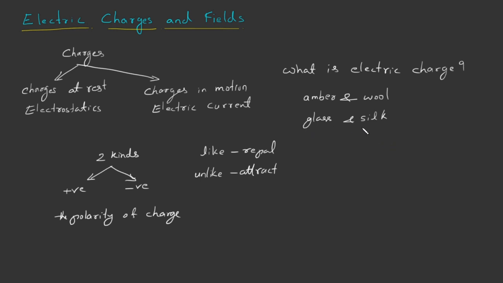When glass is rubbed with silk, conventionally glass gets positive charge and silk gets negative charge. How does it happen? That is another question we need to answer. The finding is that loosely bound electrons in one will go to the other when they are rubbed together.